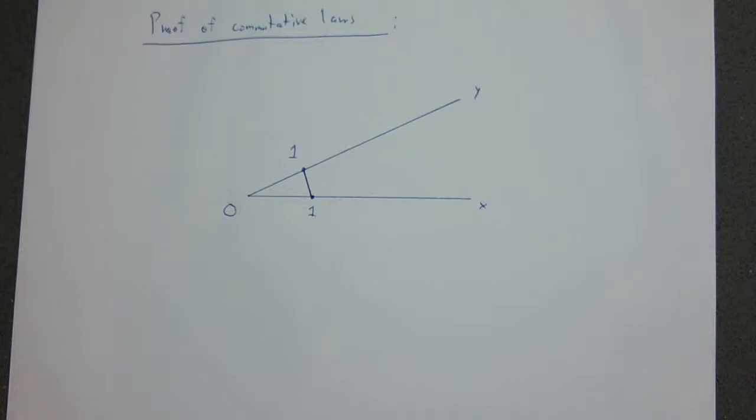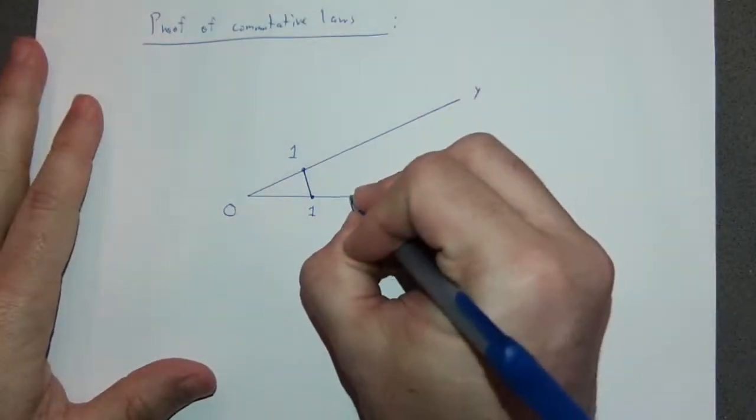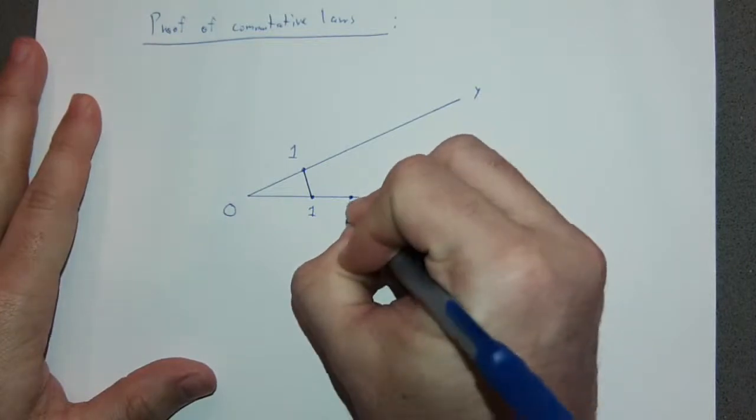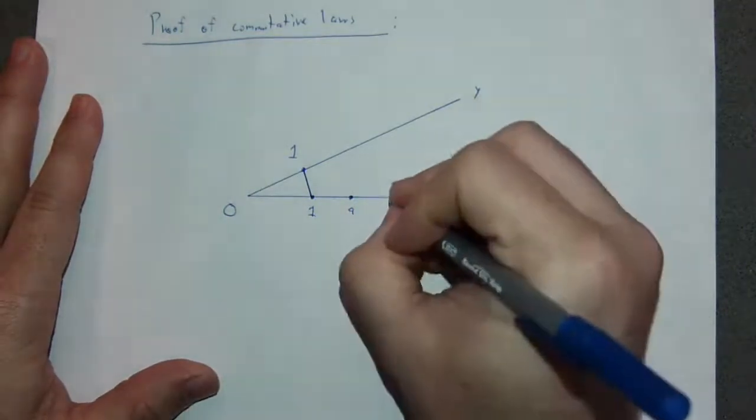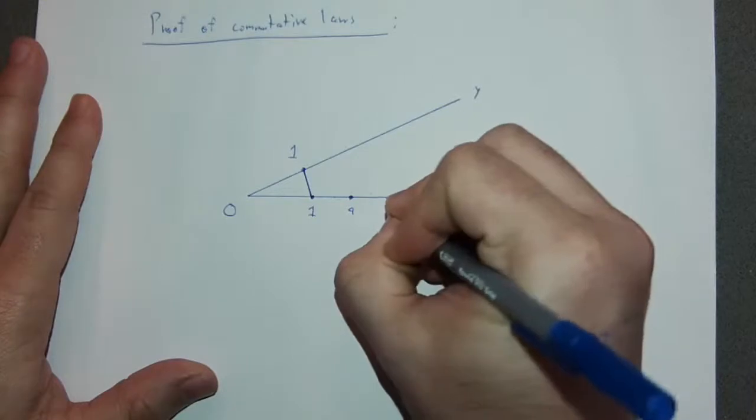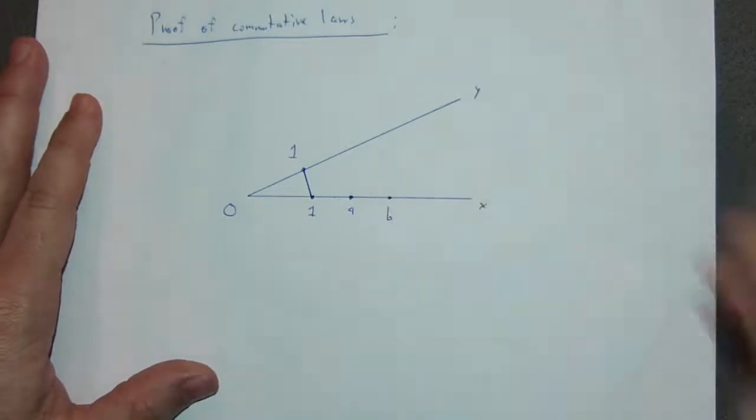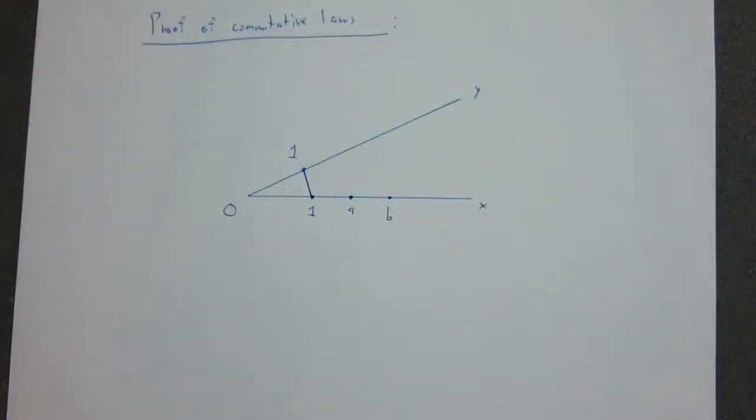And then I'm given 2 points A and B. So here's A and here's B. And now I want to construct B times A. Right? How would I go about doing this?